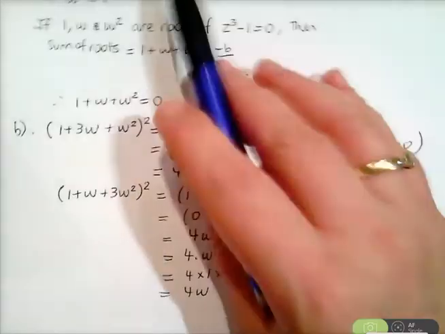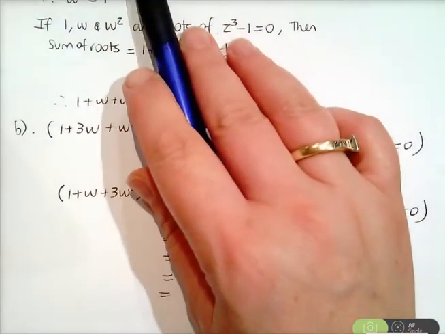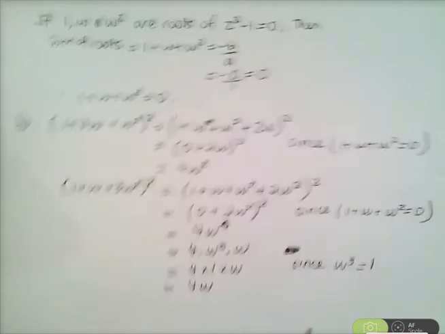So now simplify each of these and show that their sum is -4 and that their product is 16.